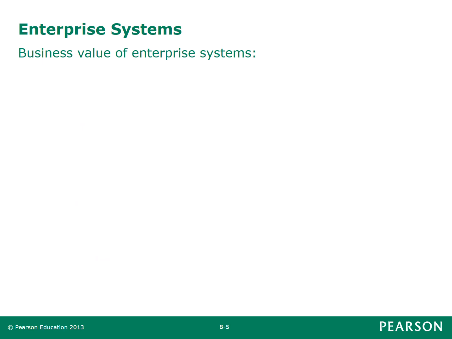Here are the most important objectives for why an organization implements an ERP system. First of all, to increase operational efficiency, to reduce operational costs and increase productivity, and also to provide firm-wide information to support decision making at the operational level.